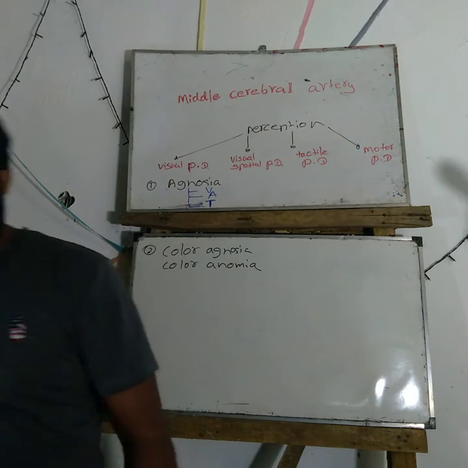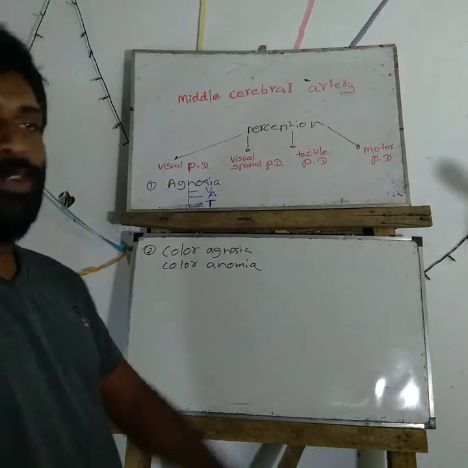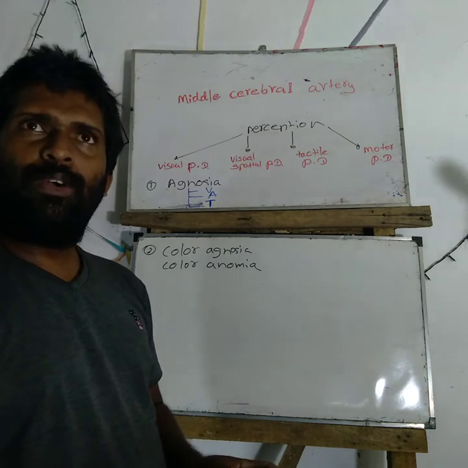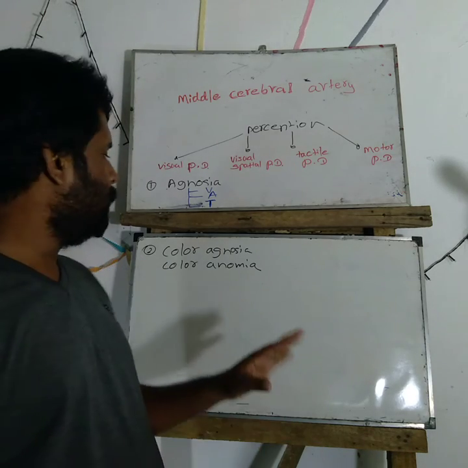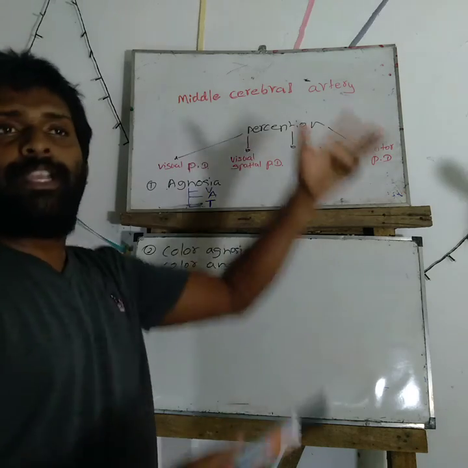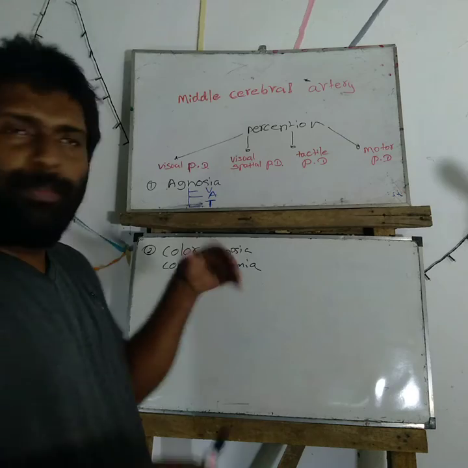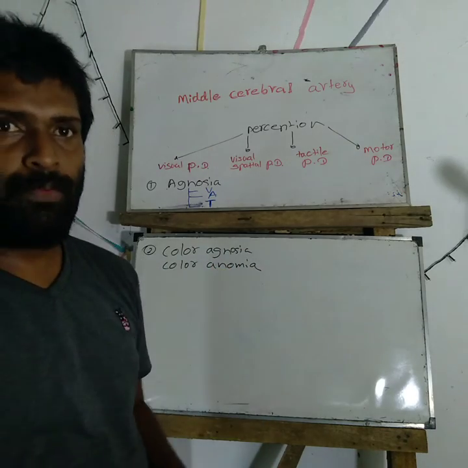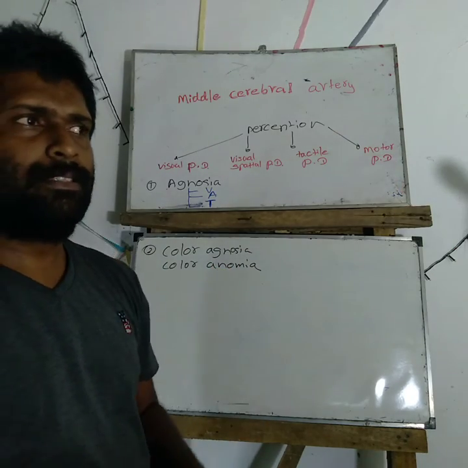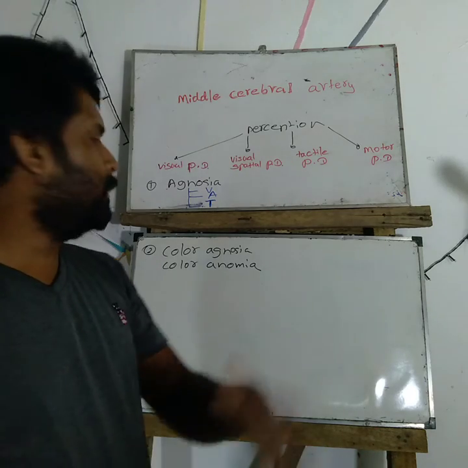This patient has color agnosia. He can't identify the color. What color is this? The anomia is that he can't tell the color. This is the red color. This is the green color. This is the white color.